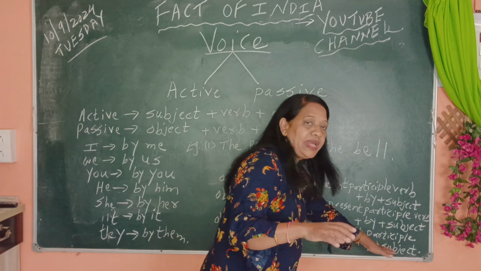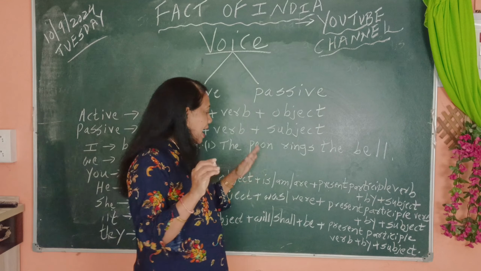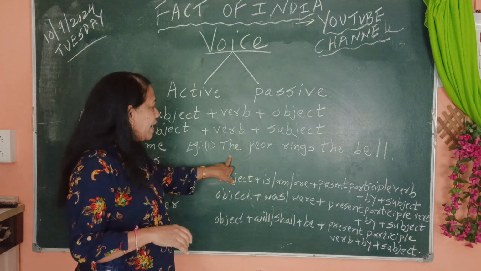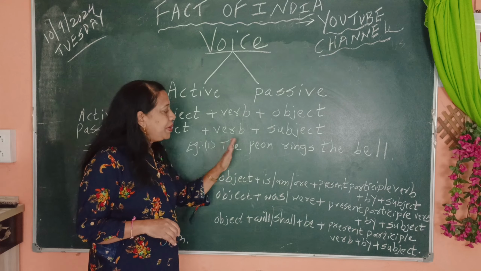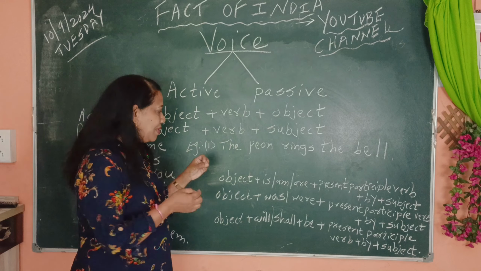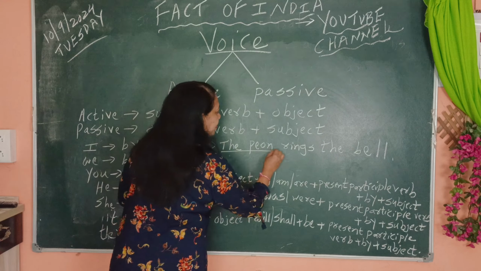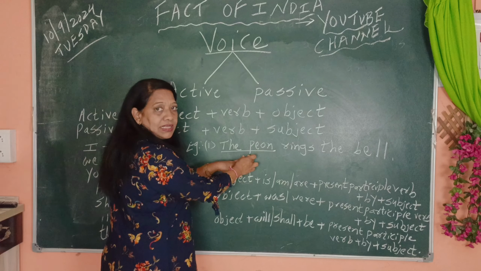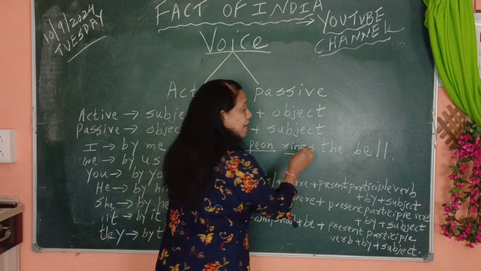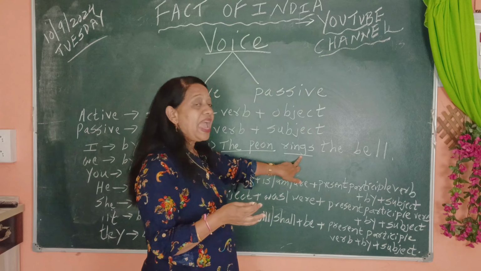Then in future tense, we use will and shall after the object while turning into passive narration. After will and shall, be is used, then the past participle form and then by and the subject. So you are clear with the primary information of voice.